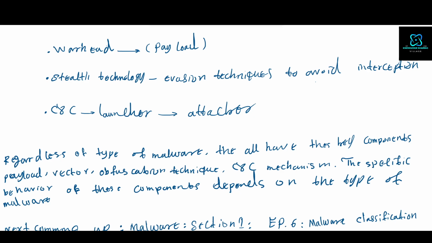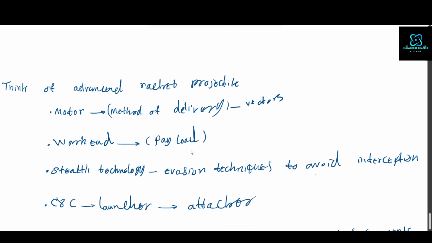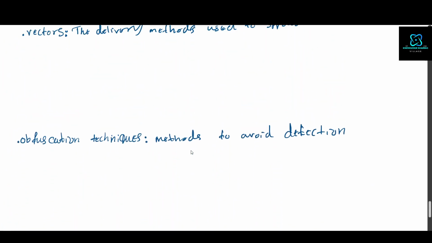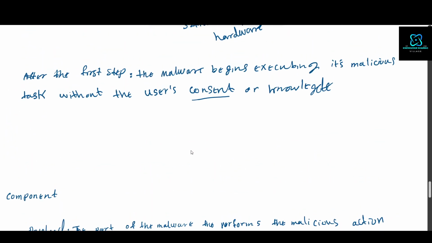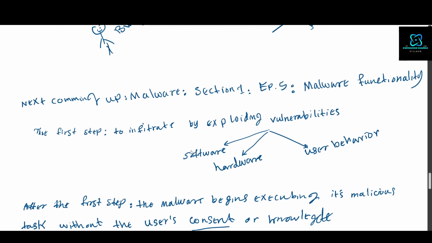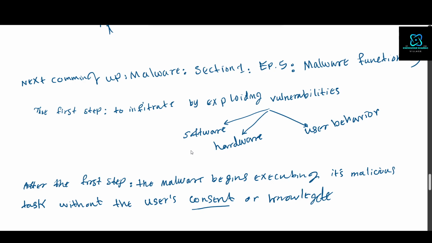But the specific nature that goes into each of these components, how they are designed and how they function, depends on which type of malware we are talking about. So I hope you have gained some knowledge and received a satisfactory answer to this question, malware functionalities, which we started here.